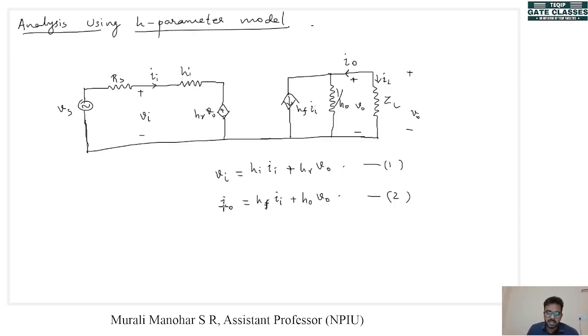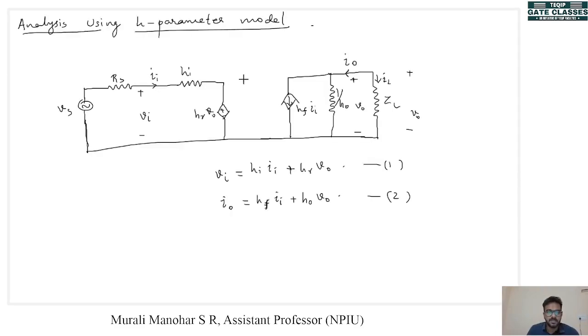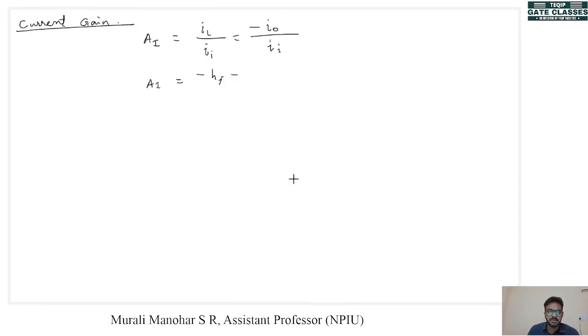Take the negative of that and divide it by Ii, we will get AI. So AI is equal to minus Hf minus Ho Vo divided by Ii. Now Vo can be written as IL into ZL. We know that IL is equal to minus Io, so this becomes minus Io into ZL.